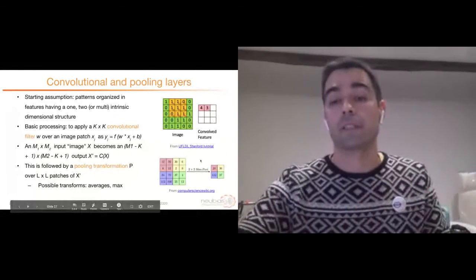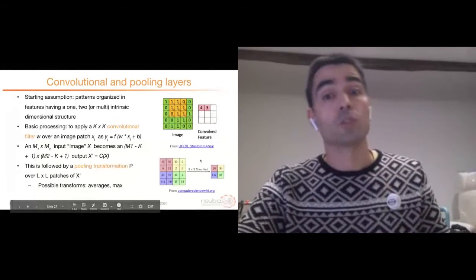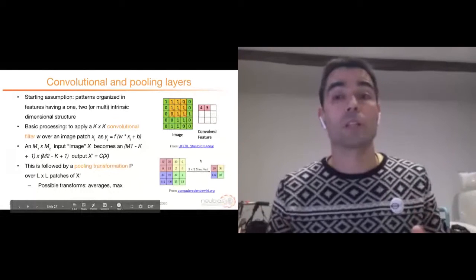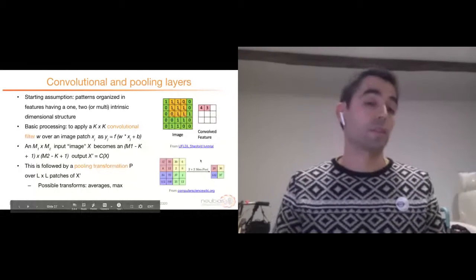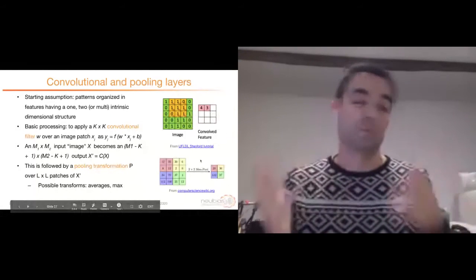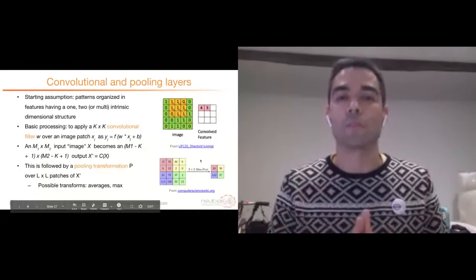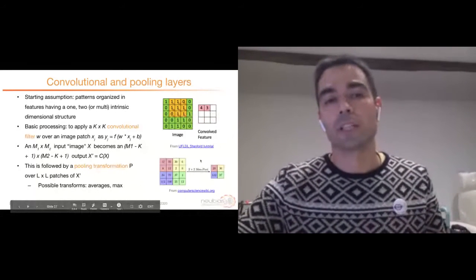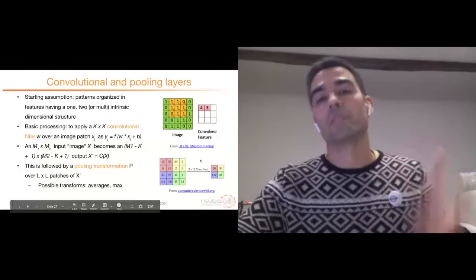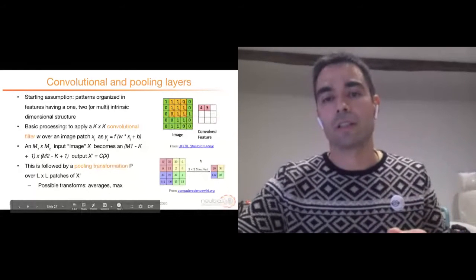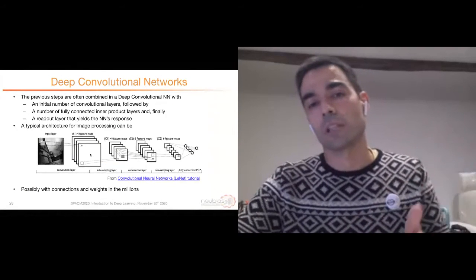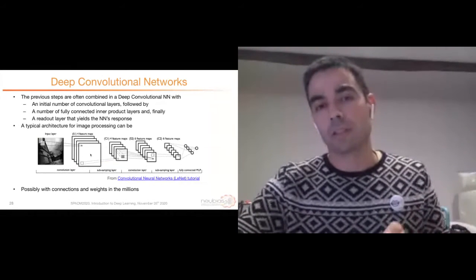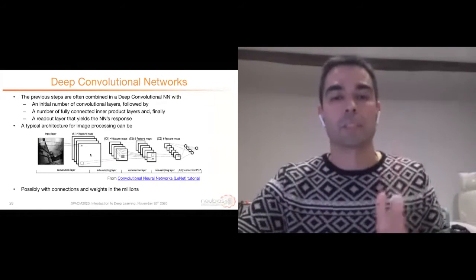Both have their applications. So when we talk about deep convolutional networks, what we are talking about is combining, most of the time, these two types of layers. We have the input, an image, then a convolutional layer that allows us to extract features at that specific scale.